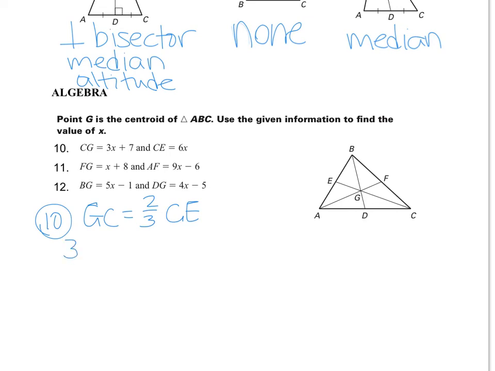So it takes 3 GCs equal 2 CEs. I think it's just a lot nicer to write that out, so I can take 3 times (3x plus 7) equals 2 times 6x.